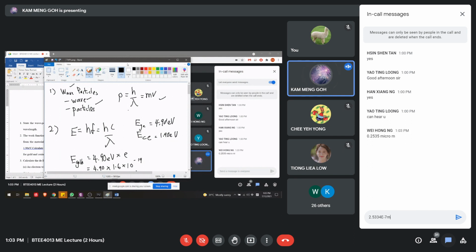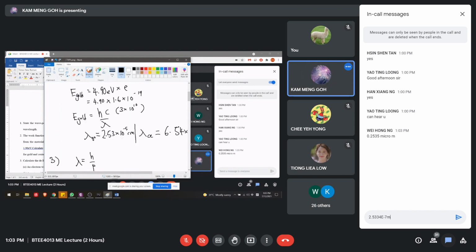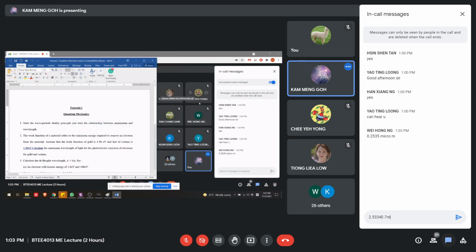Yes, okay, 0.2353 micron meter. Yep, something like this. But what about the cesium? Yongqie, what about the wavelength for the cesium?